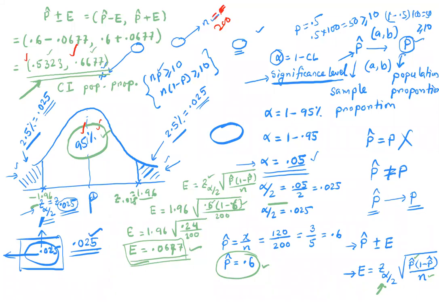However, this is something you need to know: statisticians really don't like it when you say there's a 95% chance that this interval includes the population proportion, or that the percentage of people that use the iPhone will fall in this interval, with a 95% probability.